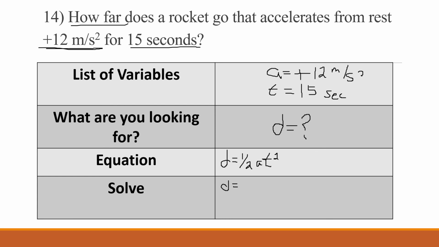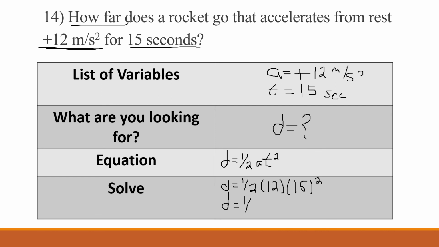Plug and chug, my friends. We know how to do this. Don't be intimidated by the numbers. Don't be intimidated by anything. You know the process. The acceleration is 12. The time is 15. And just the time gets squared. Order of operations says do the exponents first.